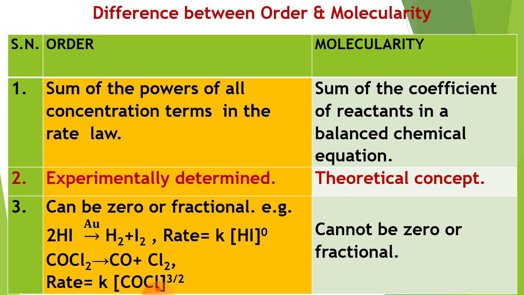COCl2, this is known as phosgene gas, gives CO plus Cl2. For this, the rate of reaction depends upon the power 3/2 of COCl2. So this is the fractional power. The order can be 0 or fractional, but molecularity cannot be 0 or fractional.